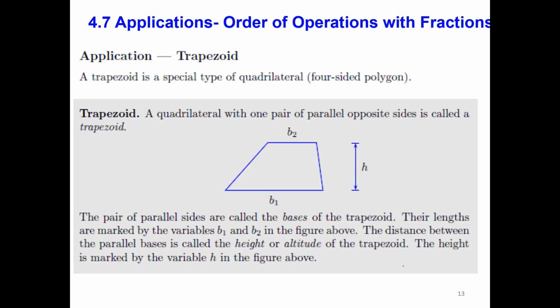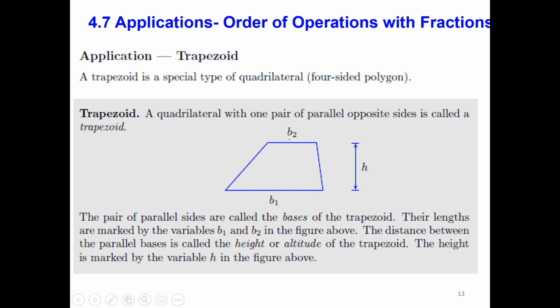The last thing we want to discuss is an application: how we can calculate the area of the trapezoid. The trapezoid is a quadrilateral that has 4 sides. It's a polygon that has 4 sides, but 2 of these sides are parallel.